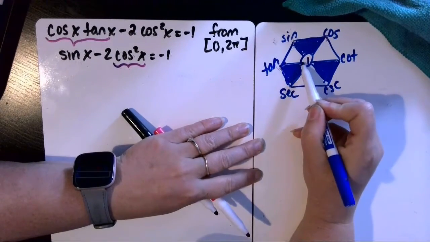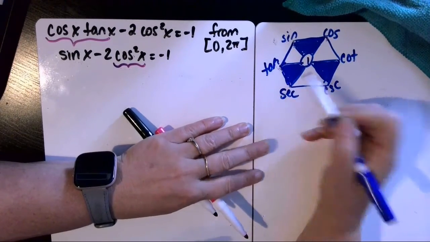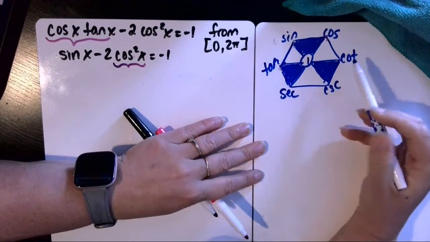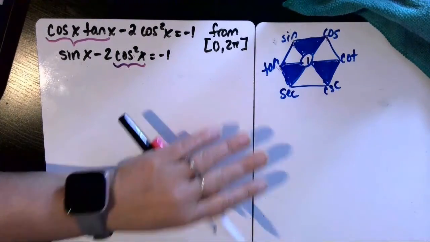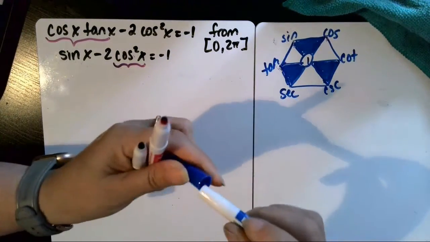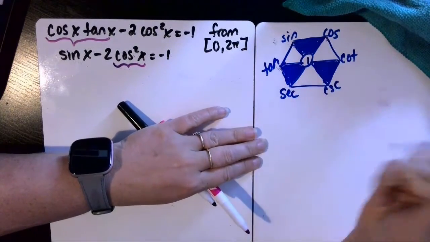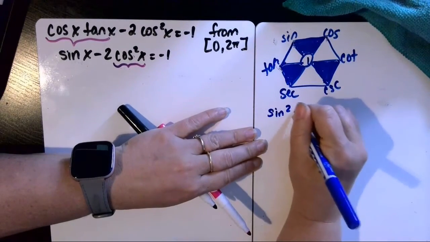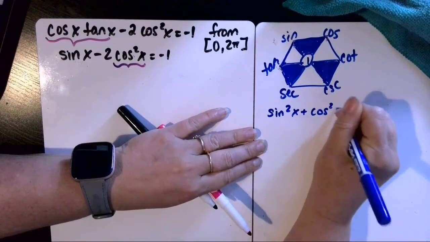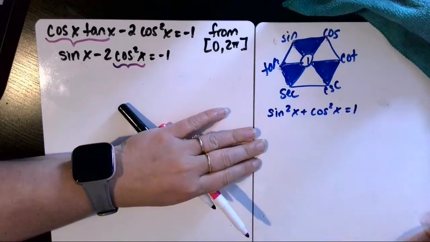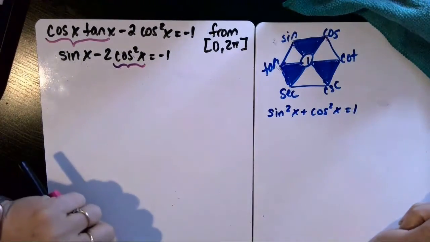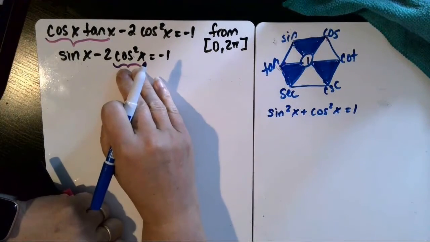So tangent squared x plus 1 equals secant squared x. 1 plus cotangent squared x equals cosecant squared x, or the one that we're going to use up at the top, sine squared x plus cosine squared x is equal to 1. So sine squared x plus cosine squared x equals 1 is the Pythagorean identity that we're going to pull from the hexagon and apply in this situation.